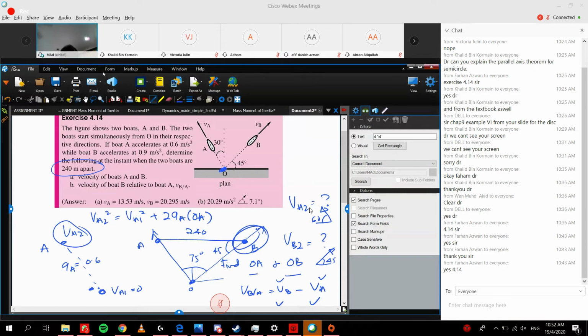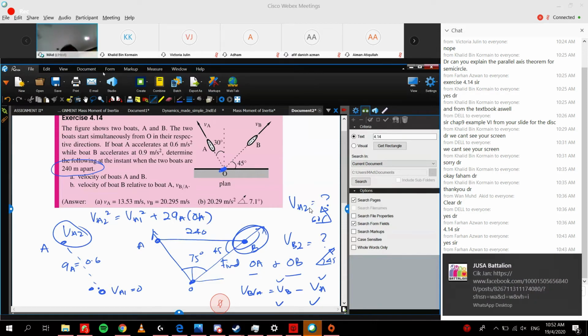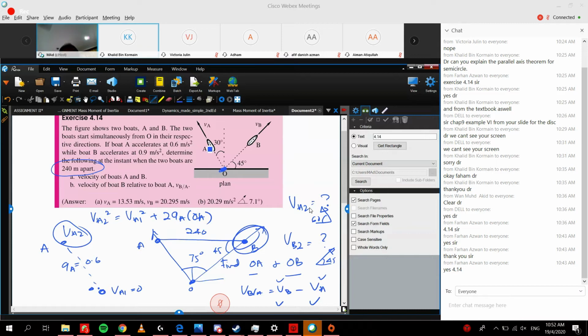Is it clear, Kapil? You didn't get it. How are we sure that 240 meters is horizontal? So my understanding is 250 meters apart is horizontal. It should be horizontal, I think.